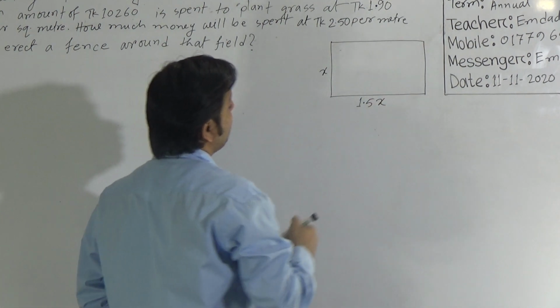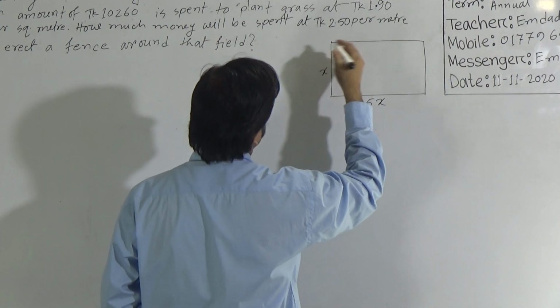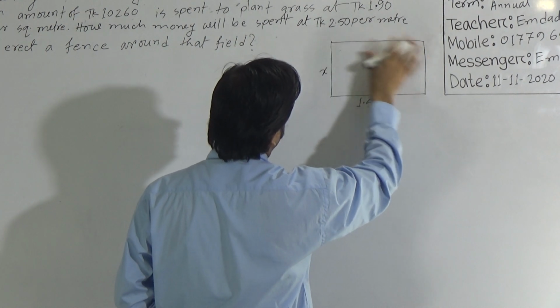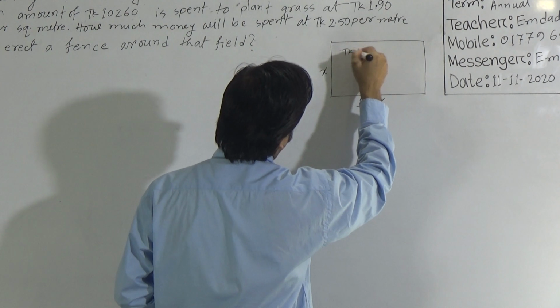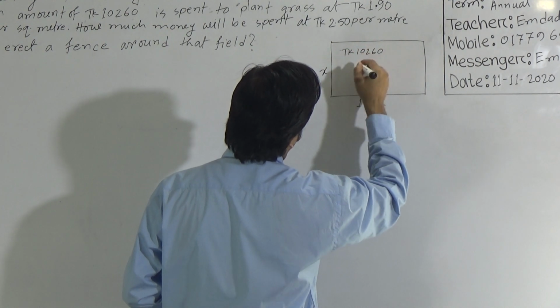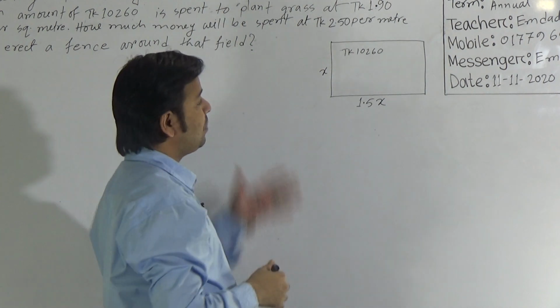And the total cost for planting grass on the total area of this field is Taka 10260, and the cost per square meter is Taka 1.90.